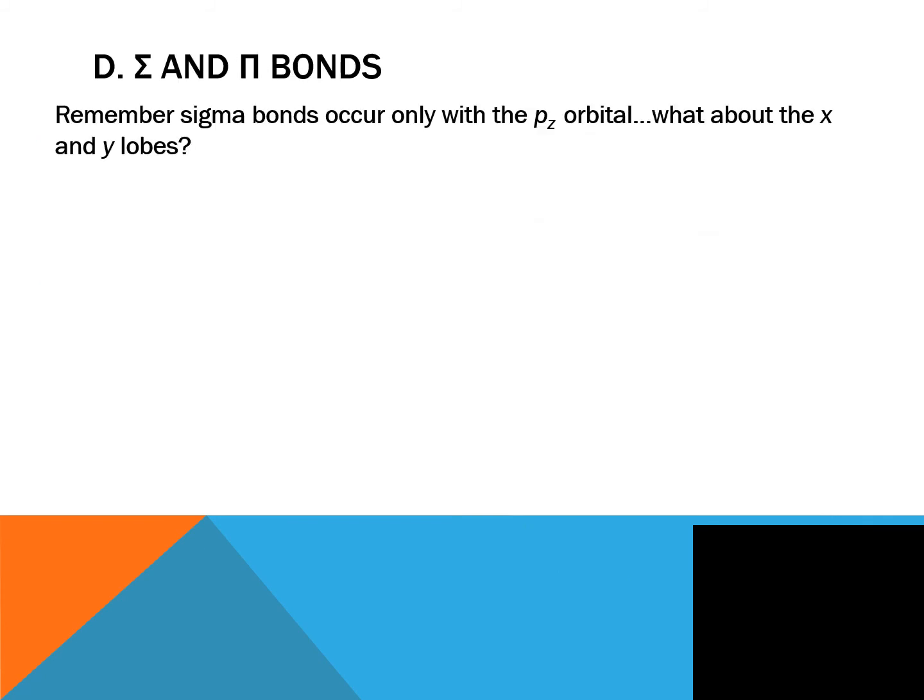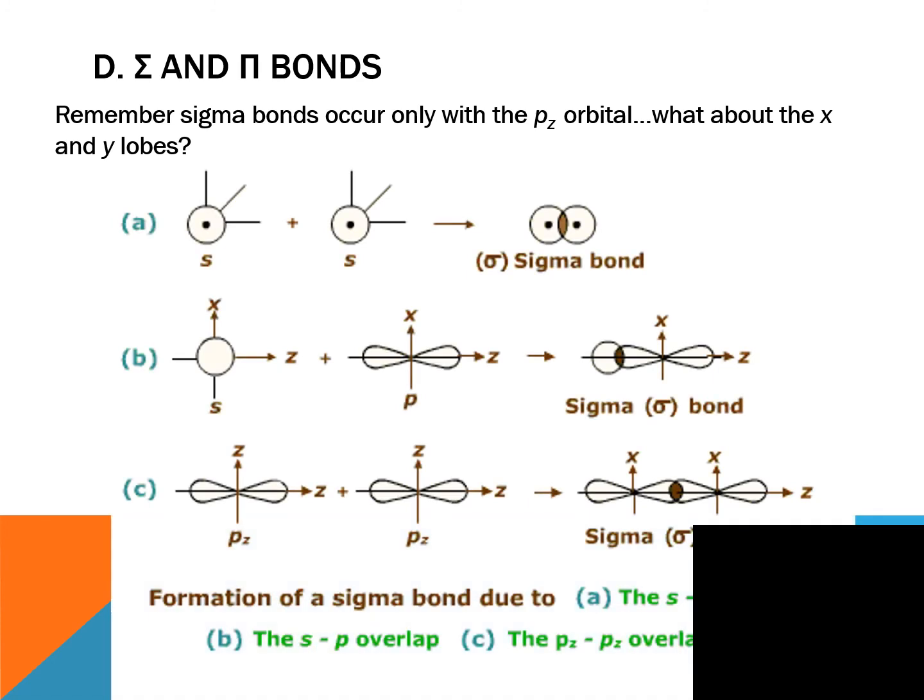All right, more stuff. Sigma and pi bonds. So sigma bonds are single bonds, sigma and single. Now what happens when you start interacting with the other p orbitals, the x and the y lobes? If you're talking about pz, it could be either one. Okay, so these are your sigma bonds. So you have the z, in this case, forming a sigma bond, zz.